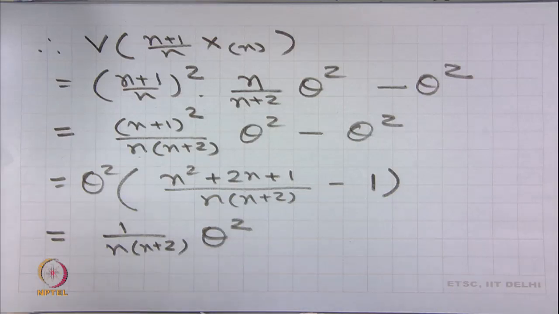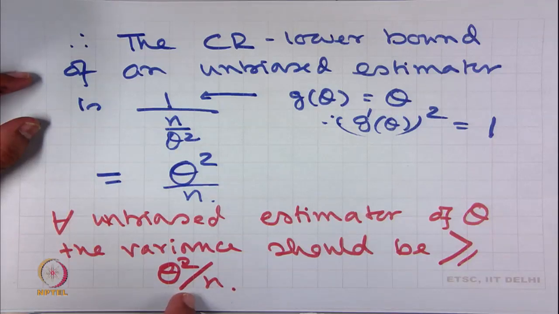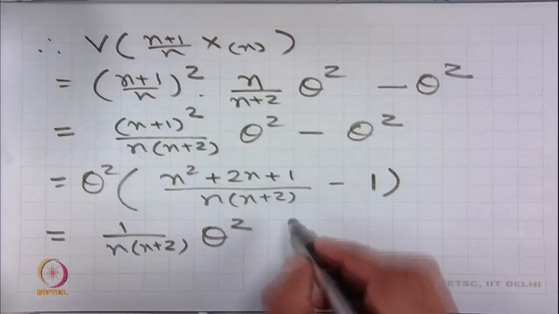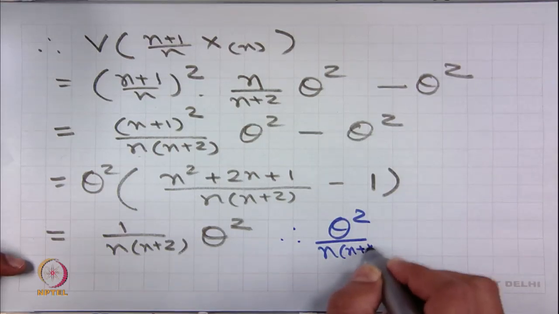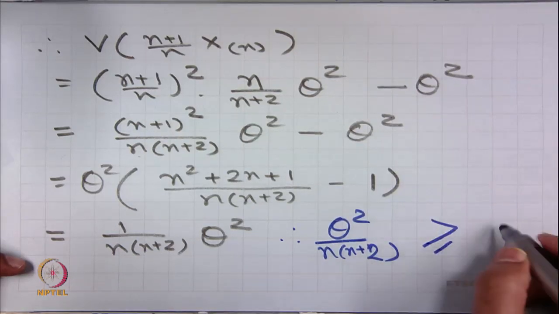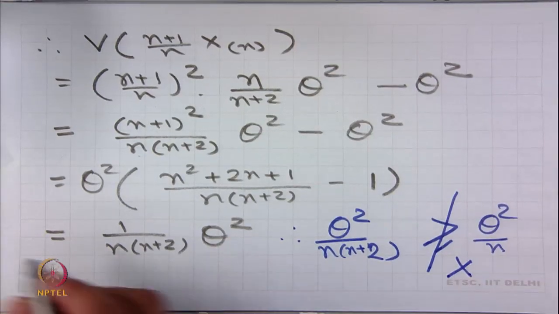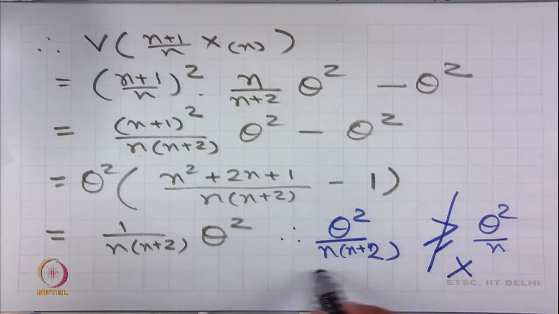And we have already found that the Cramer-Rao bound is θ²/n. Therefore, θ²/(n(n+2)) has to be greater than or equal to θ²/n, which is not correct for any positive n, because n is the number of samples, an integer 1, 2, 3, therefore, this is never valid.